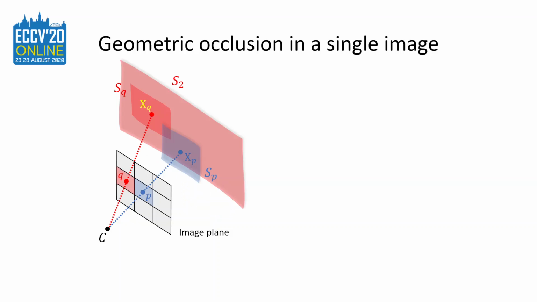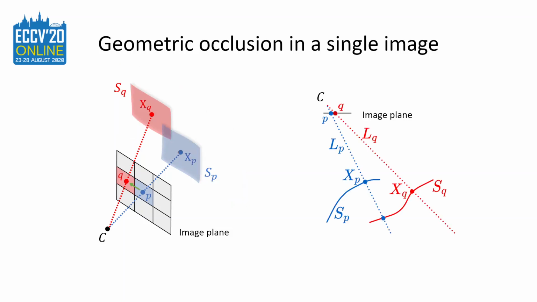Likewise, we can use another immediate neighbor pixel Q to partially represent the visible part of surface S2. The geometric occlusion between surfaces S1 and S2 can therefore be interpreted locally as the occlusion relationship between surface patches SP and SQ. In this case, SP occludes SQ and the pixel P occludes pixel Q in the 2D image.